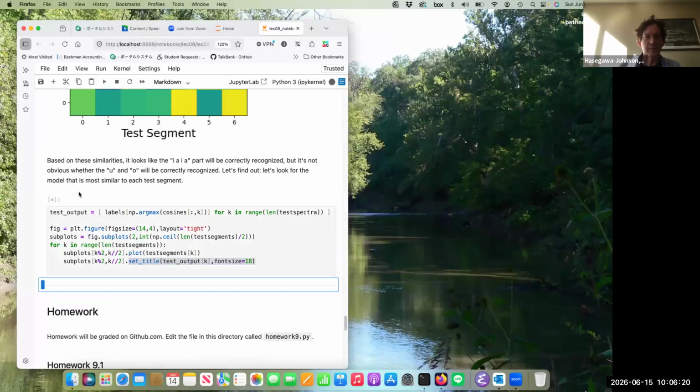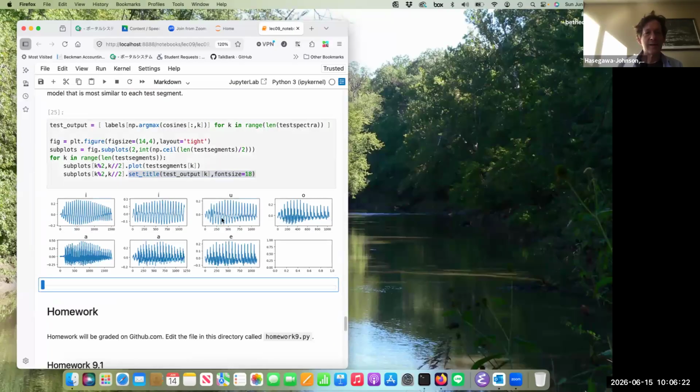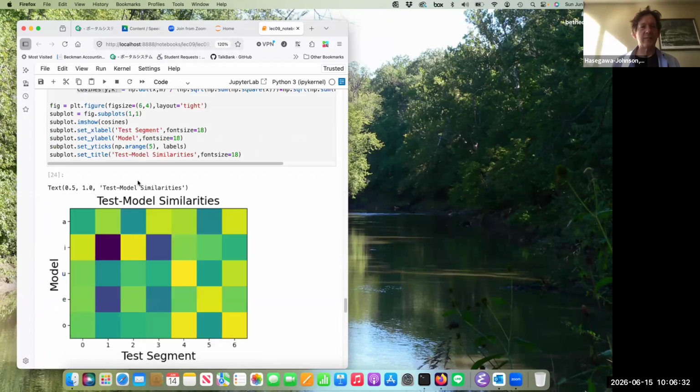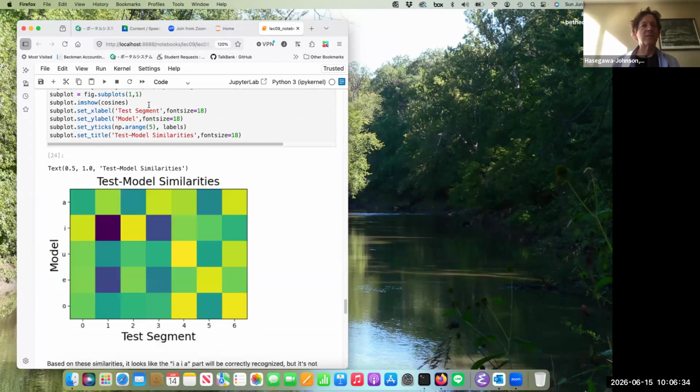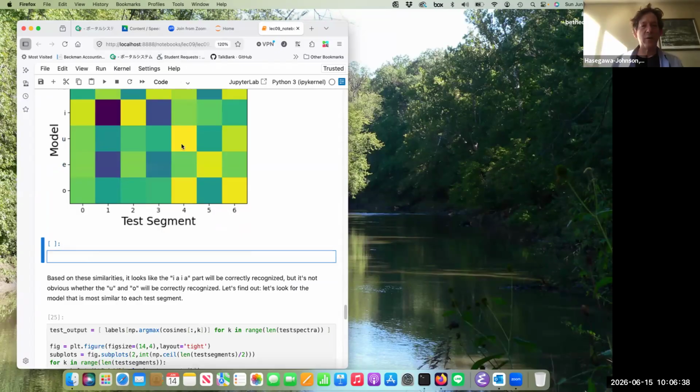So just running through that, we see that we get E, A, U, A, O. So we find that, in fact, yes, the U was the most similar. Let's actually plot those. Let me add an extra code segment in here, and let's find out what the values for U and O were in test segment 4.